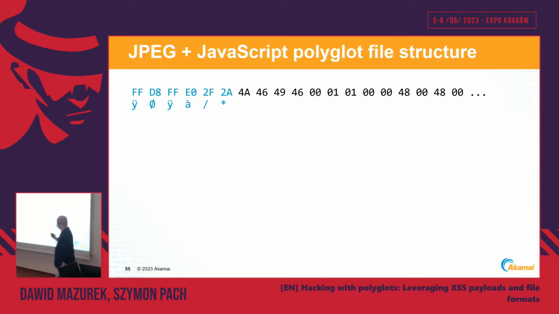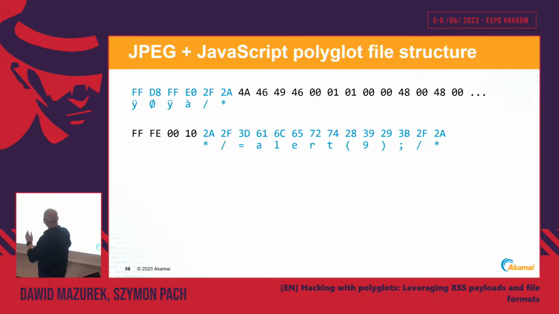That's an image. Okay, so to sum up how this works. First, we replaced the length argument for application segment 0, which is 2F to A now. Because we replaced it, we have this weird thing, but we don't care about it. Then we put somewhere the comment with our payload.